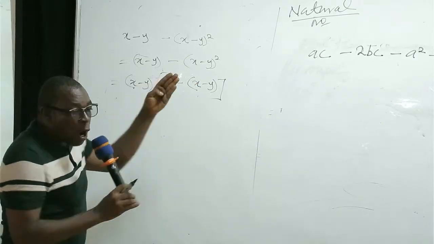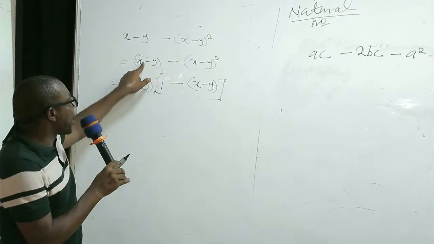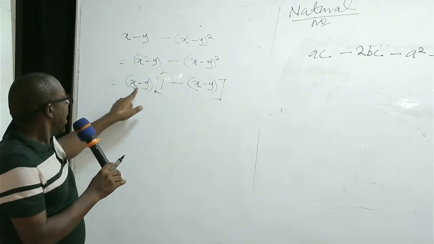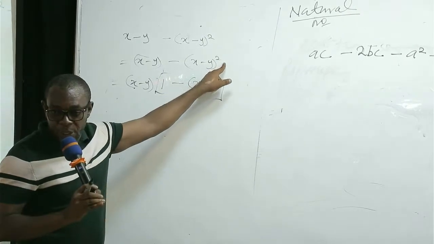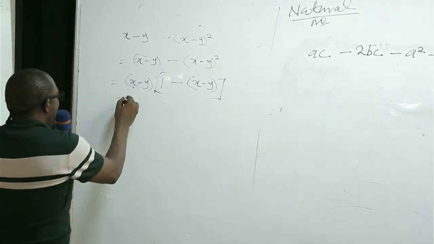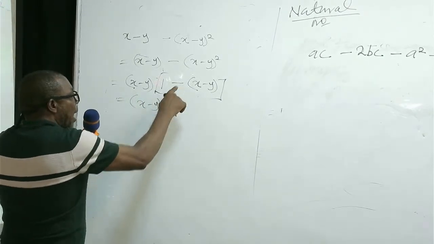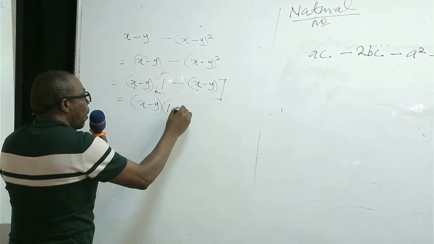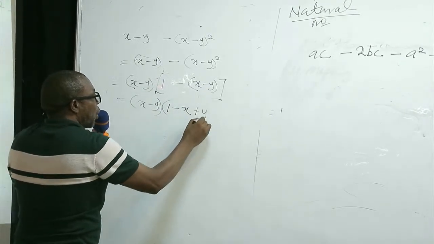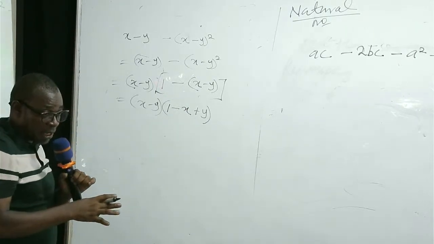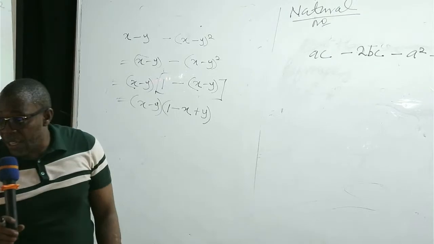If you open your bracket, x minus y times 1, what will be your answer? Then x minus y times this one will still give you this. Then open your final bracket. x minus y into 1. Minus times minus is what? Plus y. Did you see that? If you are factorizing. Class, are you with me?